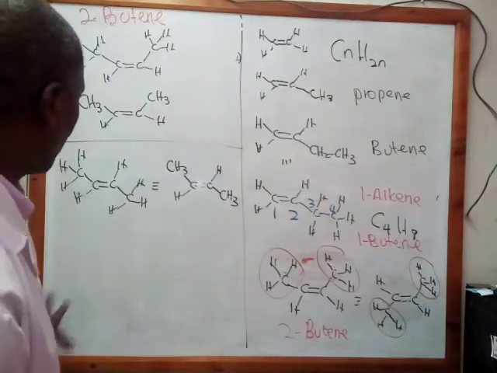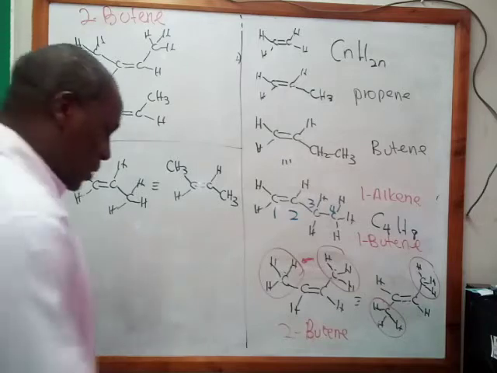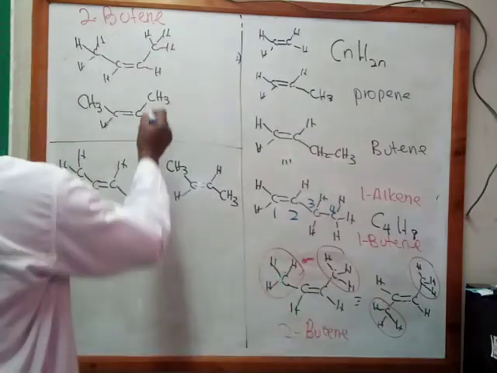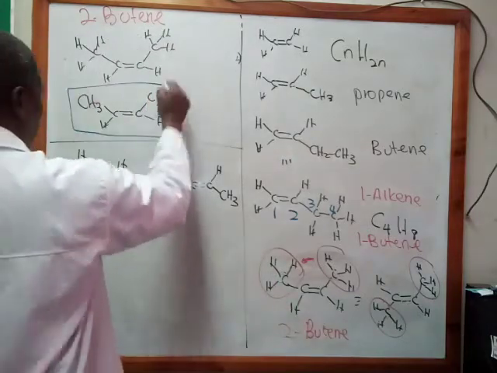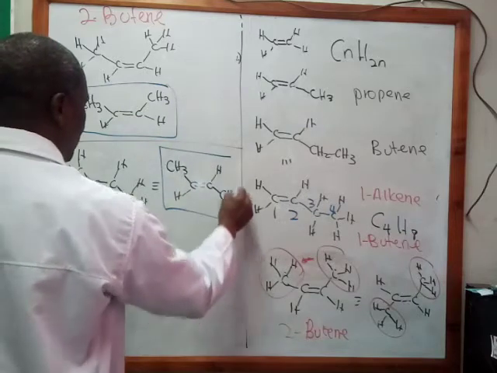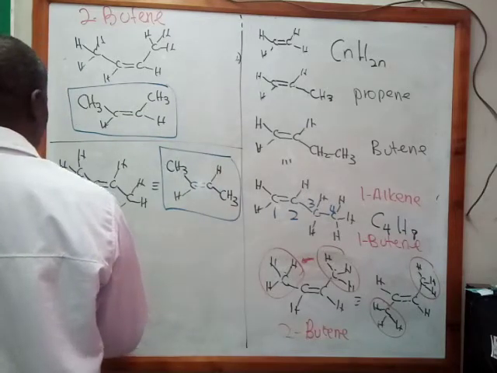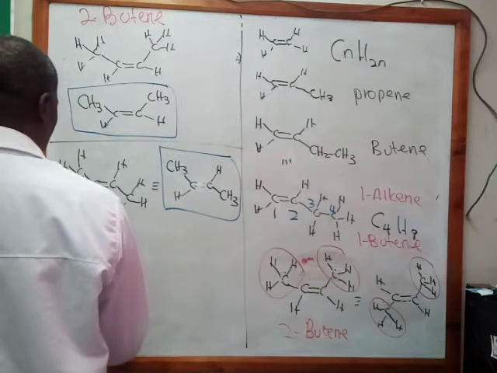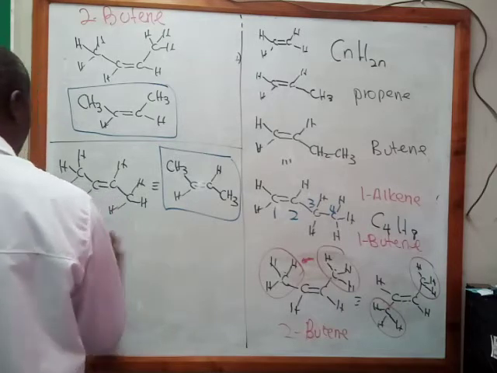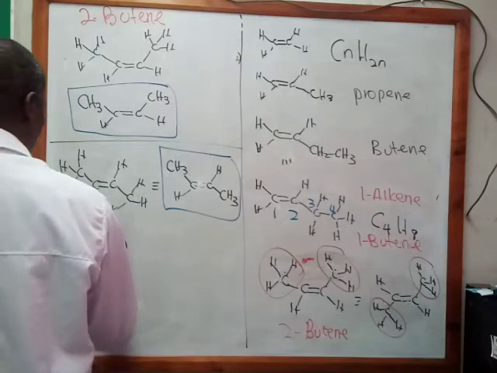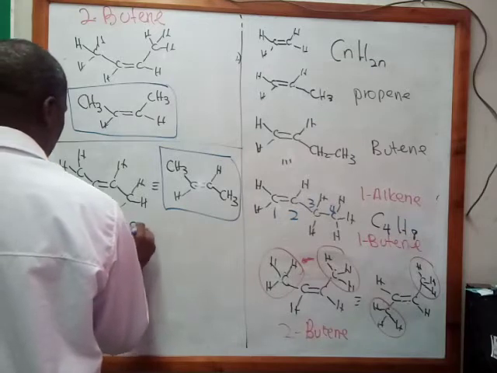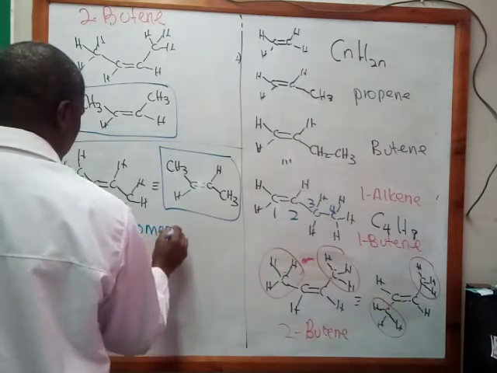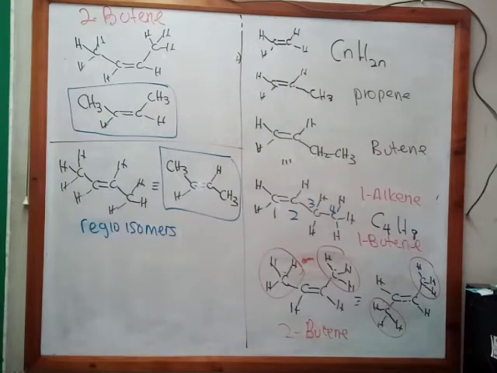Now, these ones which I have now circled in blue are said to be isomers or regioisomers. Or they are stereoisomers.